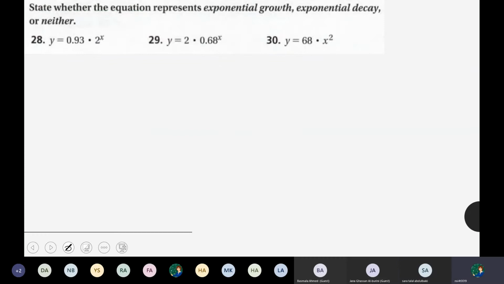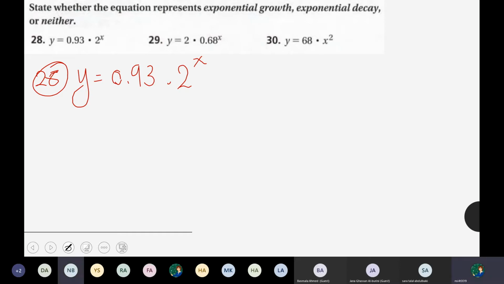Now, state whether the equation represents exponential growth, exponential decay, or neither. Look at the first one, 28. y equals 0.93 times 2 raised to x. Where's the number that's raised to x?